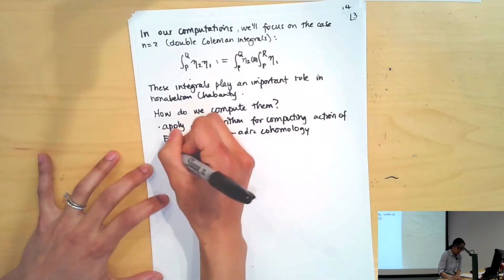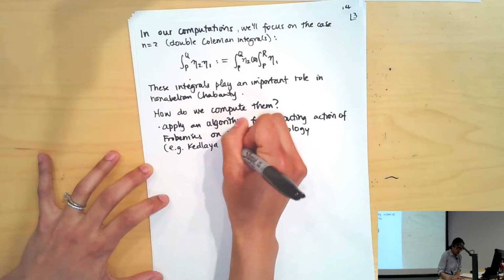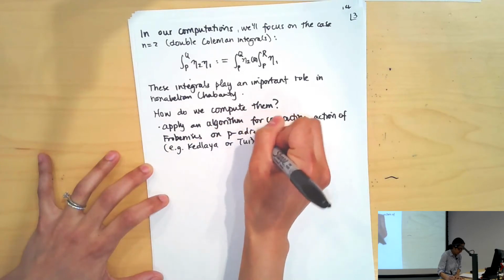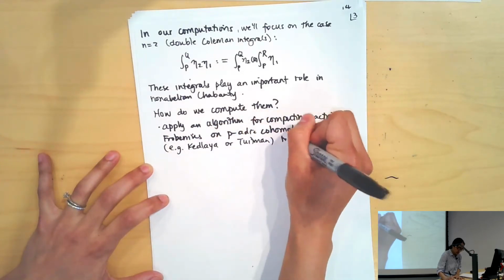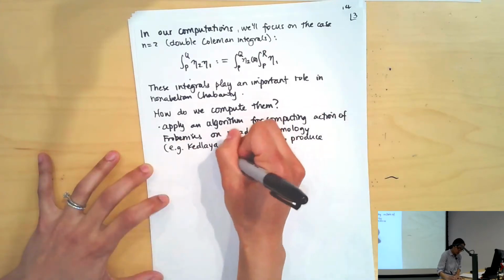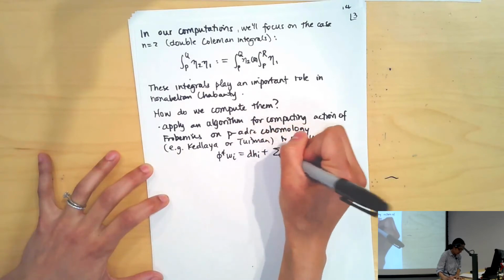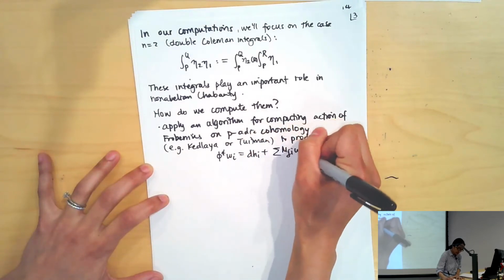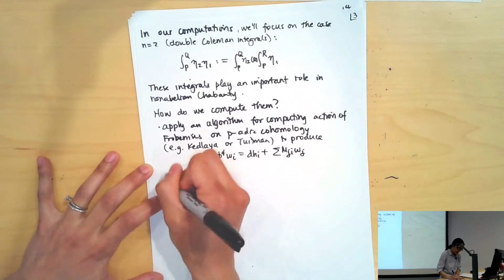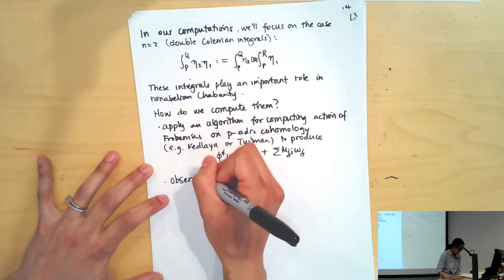So for instance, Kedlaya or Tuitman, as we discussed, and this produces the usual expression which we now iteratively use.